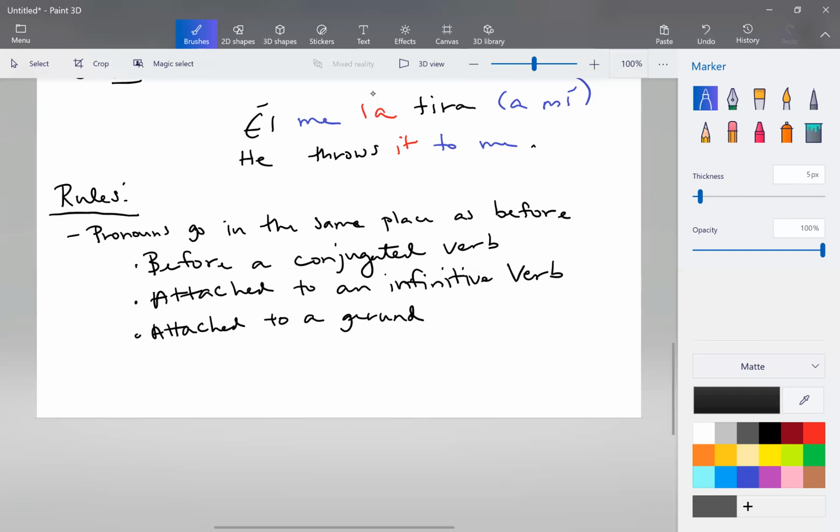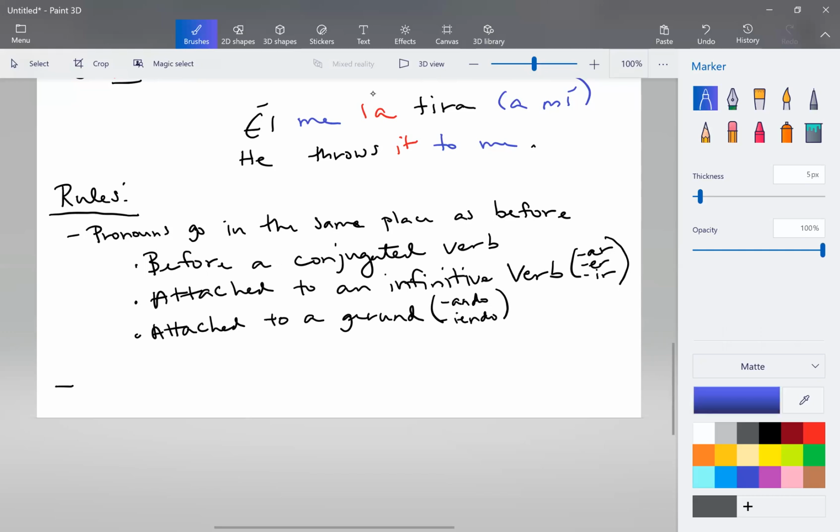And we remember that infinitive verbs end in AR, ER, IR, and gerunds end in ando or yendo. We remember that. So they go in the same place as before.